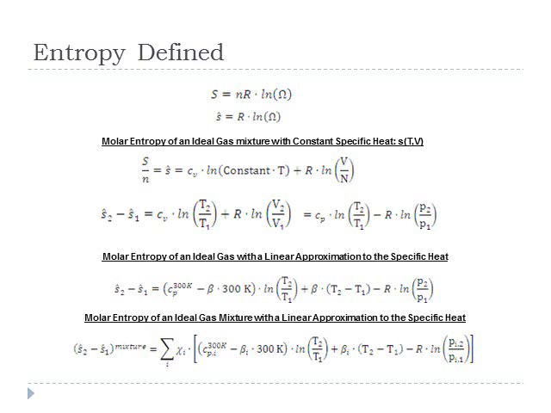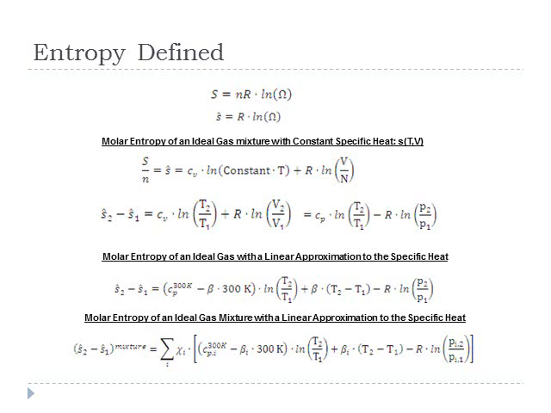The entropy change as you go from state 1 to state 2 is equal to the specific heat at constant volume times the logarithm of the temperature T2 over T1, plus the universal gas constant times the logarithm of V2 over V1.